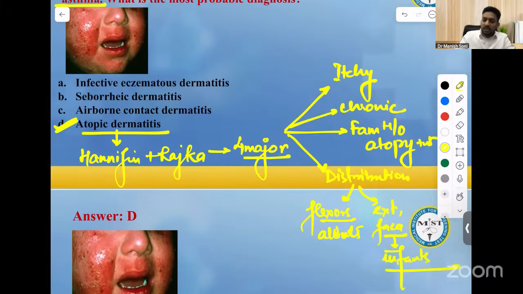So generally this condition occurs over flexors, but in infants, because these infants crawl, their extensors and face can get involved. So now see the clues.